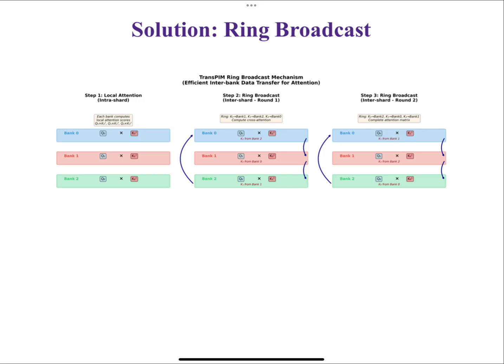After a few rounds, every bank has seen every K matrix. The key benefit is that this transfer happens in parallel, thanks to the ring links between banks. This is very similar to the ring collectives we've learned in CS358 for MPI. It avoids bottlenecks and scales efficiently.